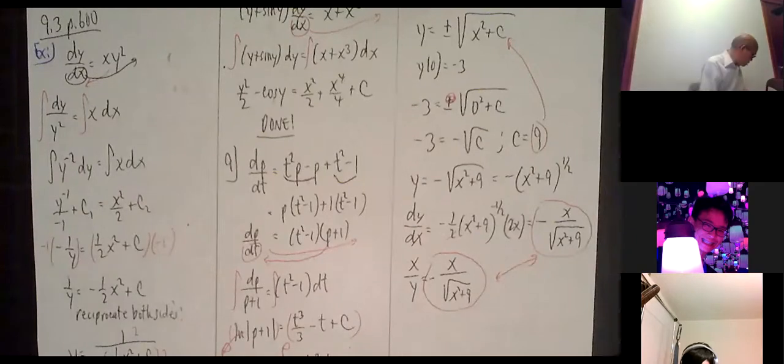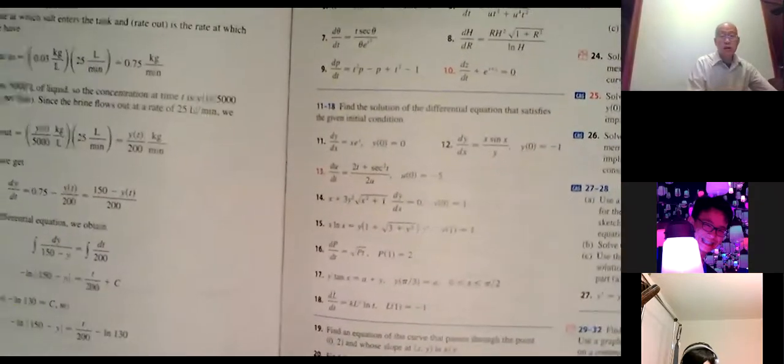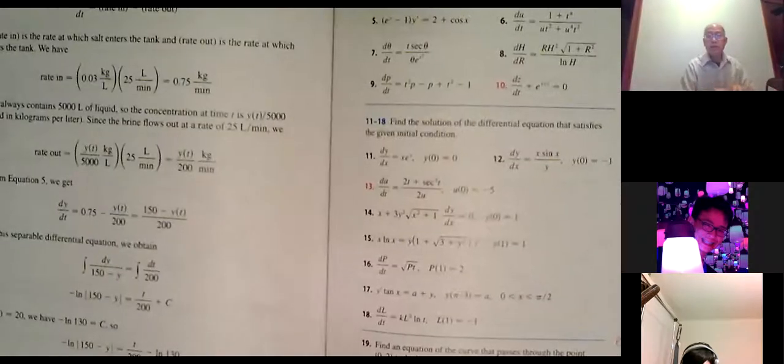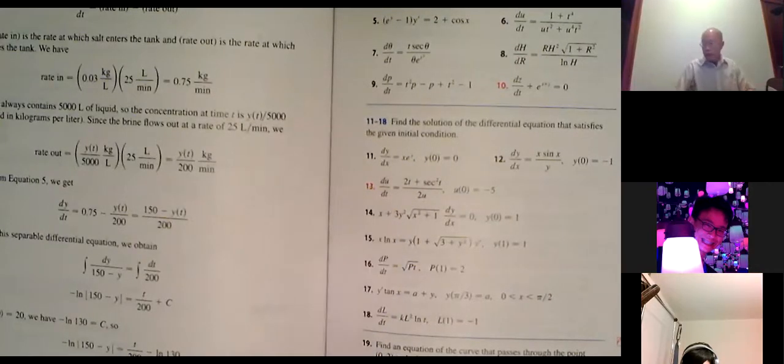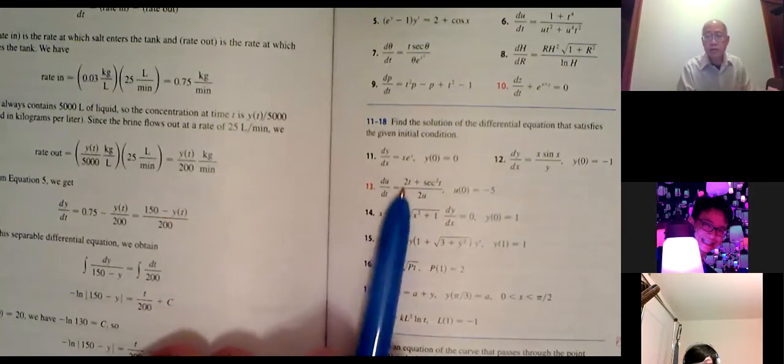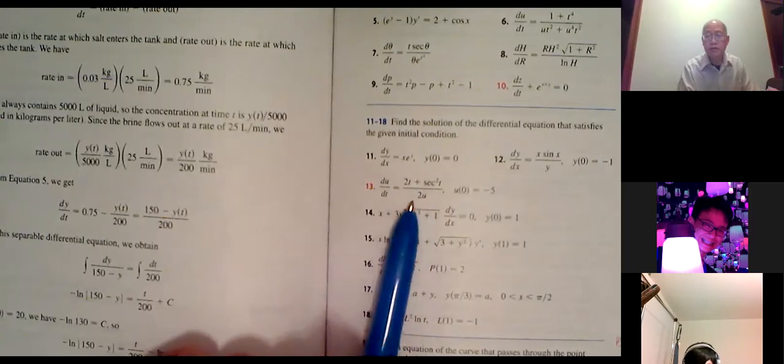Okay, and let's see, what else was I going to show you? Yeah, 13, they use U and T, but it's the same thing. And 13 does match my 13, so I'll go ahead and show you that one. du dt equals 2t plus secant squared of t over 2u.